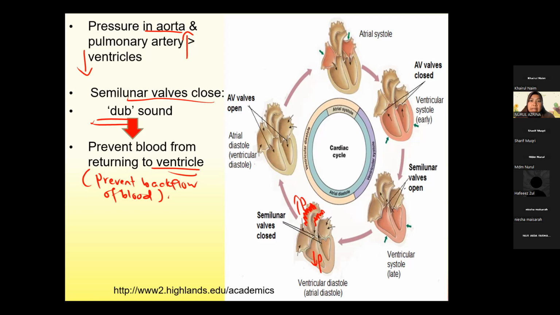So kalau soalan exam given to you a person with 85 beat per minute of heart rate, contohnya, or pulse, what is the time needed to complete one cardiac cycle? It depends on the heart rate of a person.